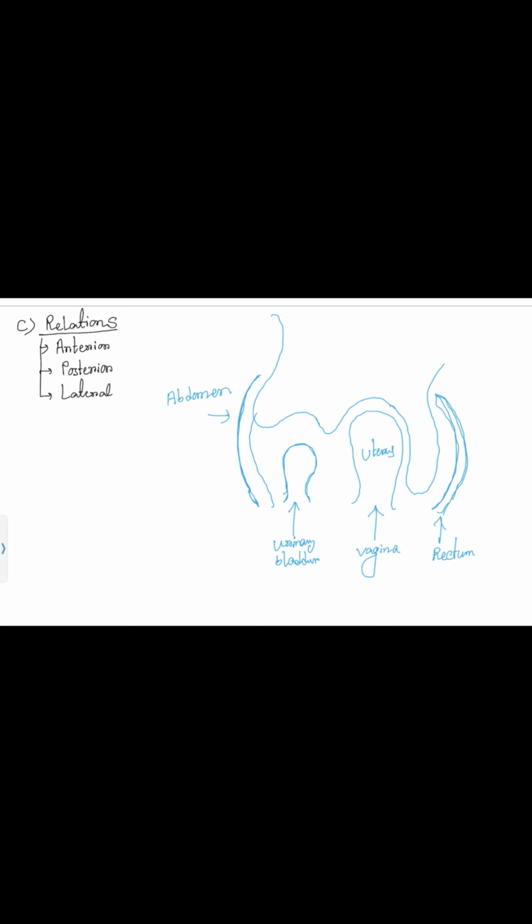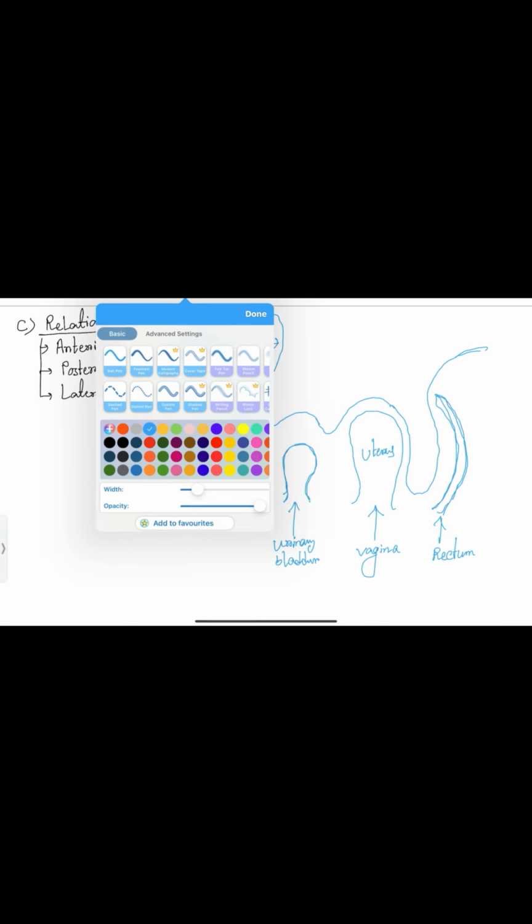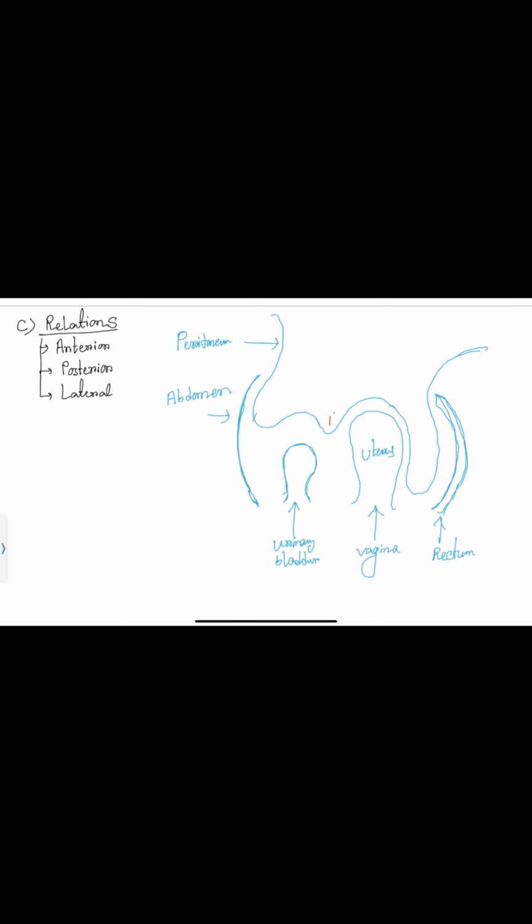Okay, it covers all these organs. Now here a major clinical concept is present. You need to understand this is the peritoneum. In these portions we will call it by one name, and this portion also has a name.